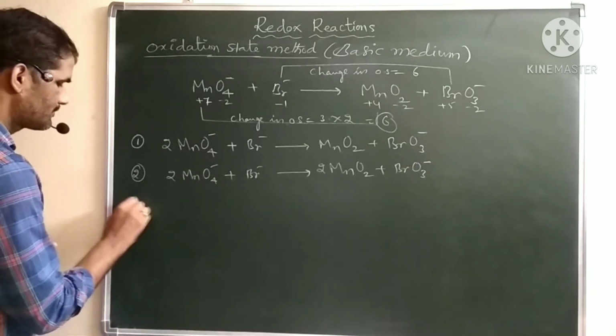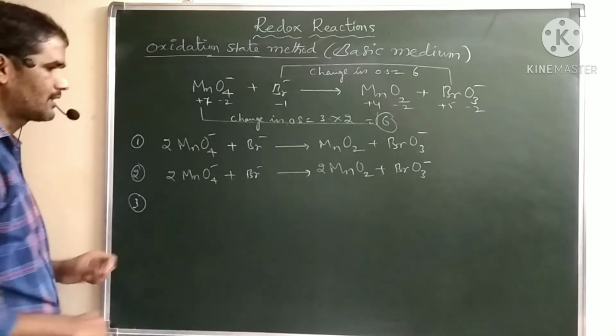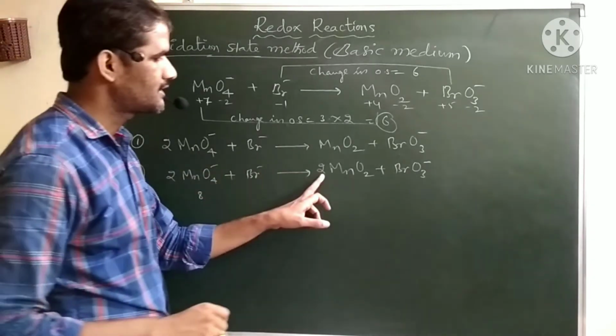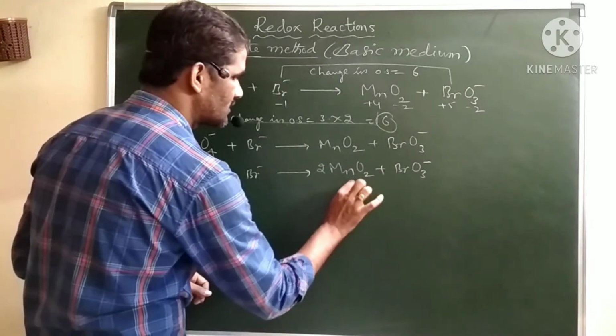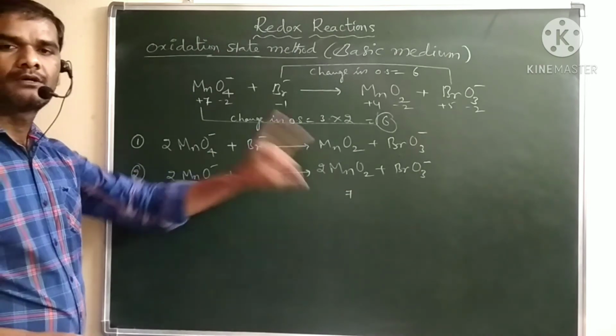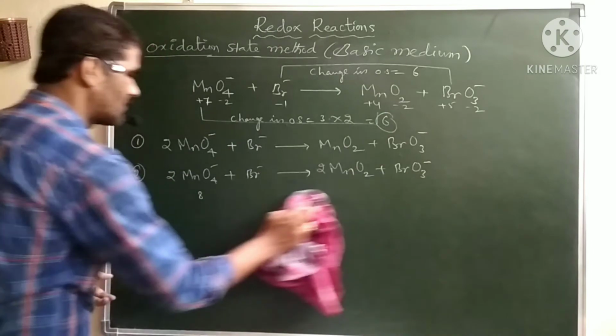What is the third step? Balancing of oxygen now. Now see oxygen here, left side 8 oxygens are there and the right side here 4 and 7 are there. So left side we have deficiency, how much? 1 oxygen. So how to fulfill this one? By adding 1 water molecule.